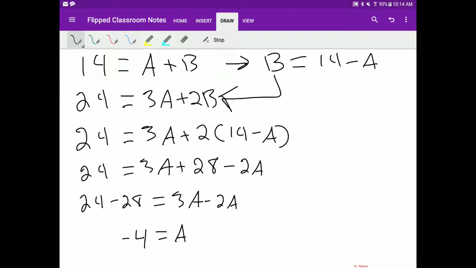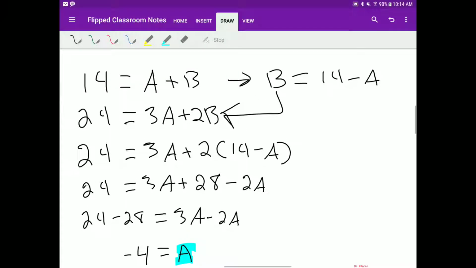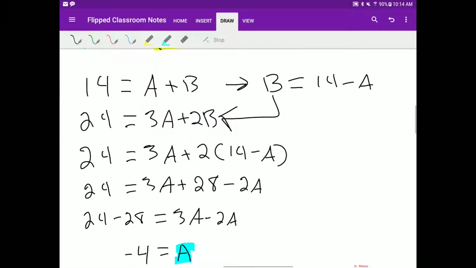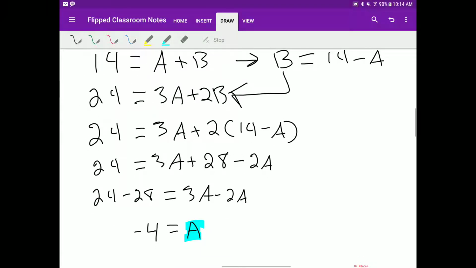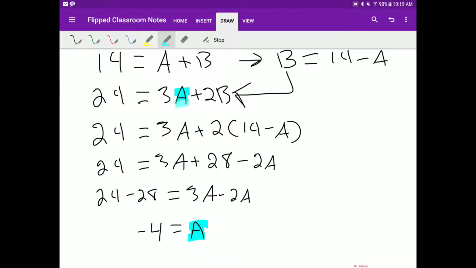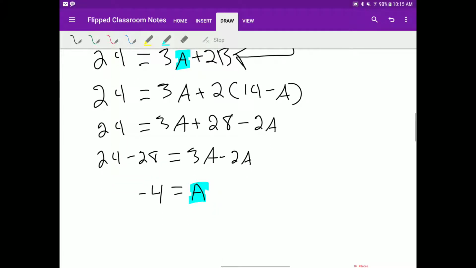So we come back up, and we're going to use this value of a in our equation here to determine what b is.